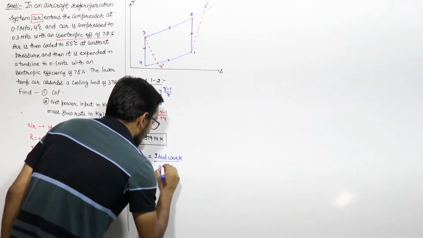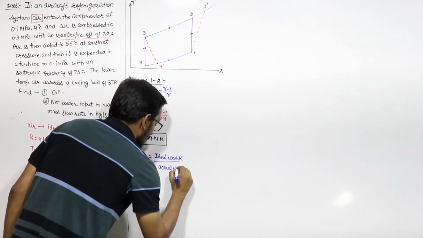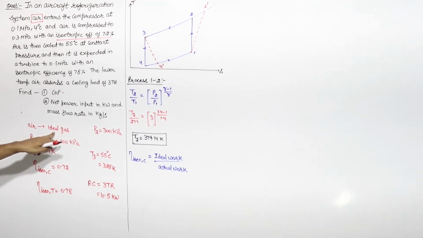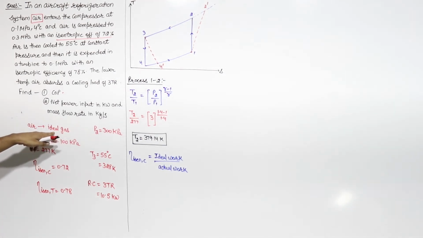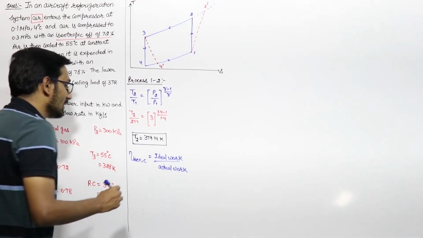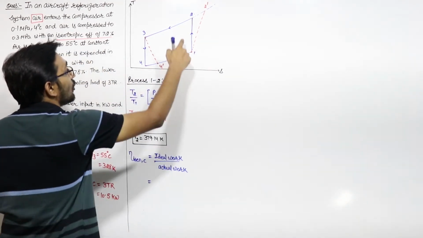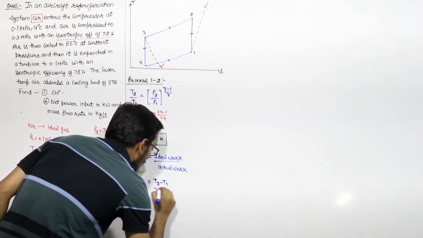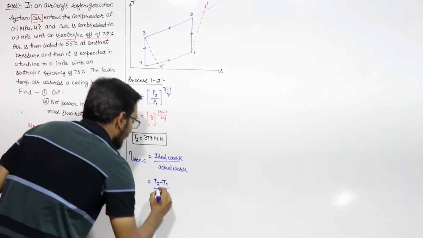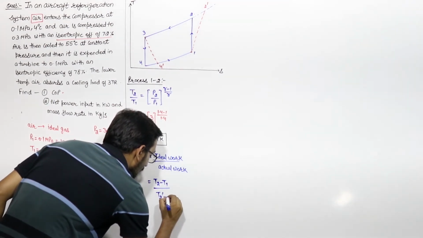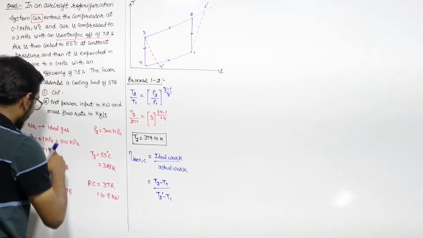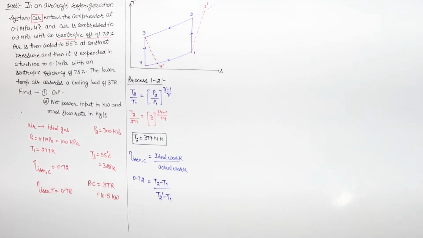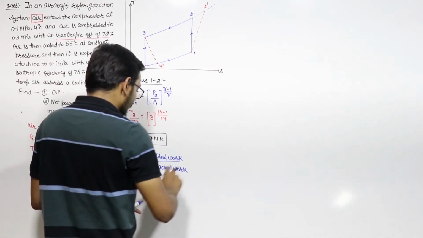Ideal gas is given in the question, so I can write it in the form of temperature limits. Ideal work is T2 minus T1 and actual work is T2 dash minus T1, and this will be equal to 0.72.